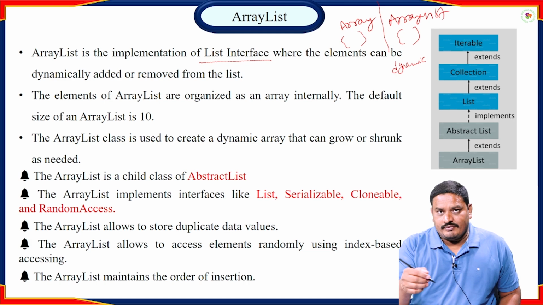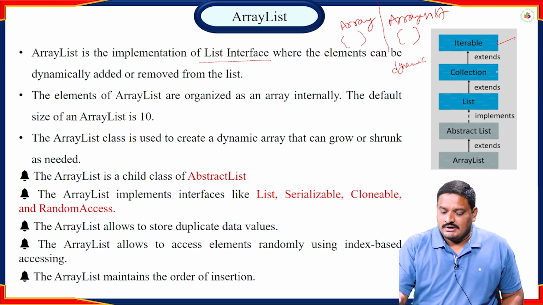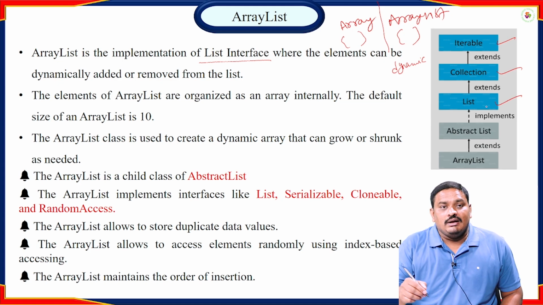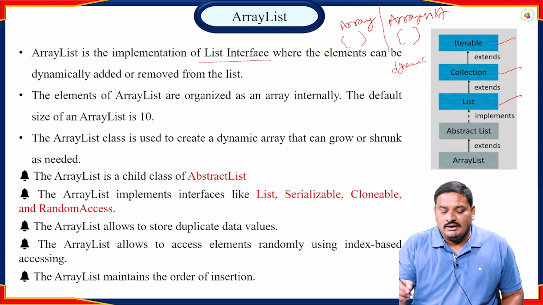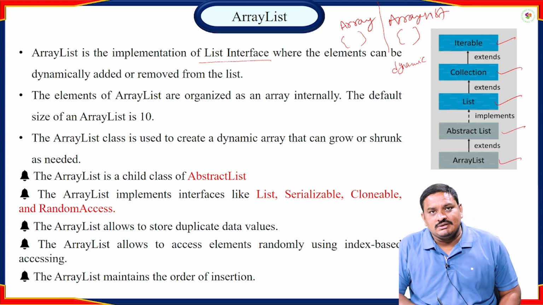This is in the previous Java collection hierarchy. The first one is iterable, second one is the collection. Under this collection, list interface is there. In that list interface, abstract list class and array list class are there.